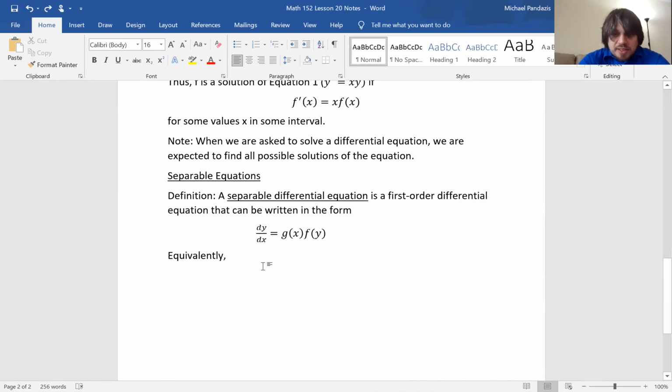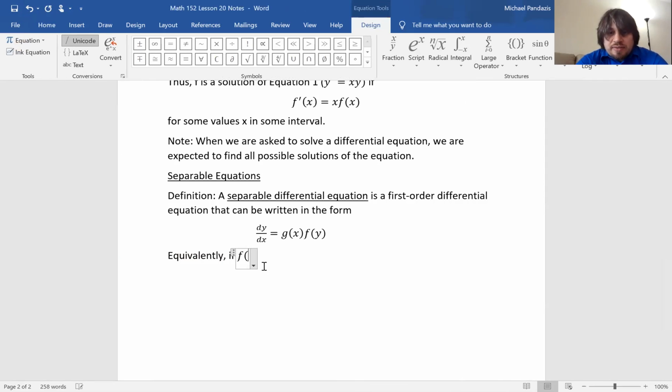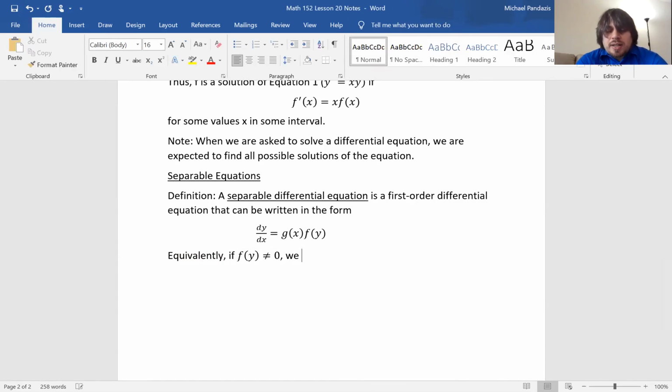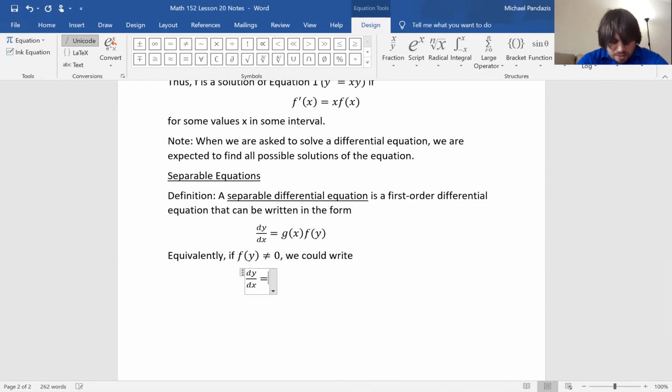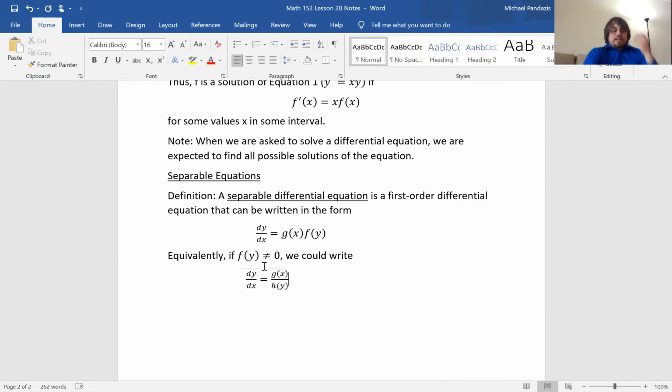Okay. Equivalently, if f of y does not equal 0, we could write that dy dx is equal to g of x divided by h of y. Right?